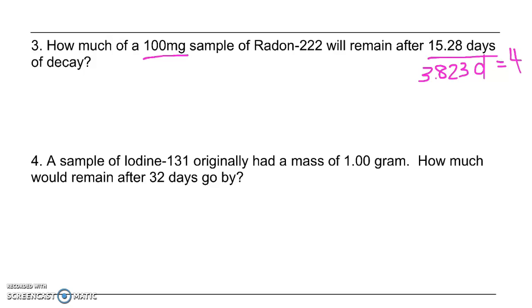Okay, so now I'm back to the problem that I did before. I can set up my chart. I have my half-life column, my mass column. This time, 4 half-lives went by. So I always start this column at 0, but then I want to number it down to 4. Okay.